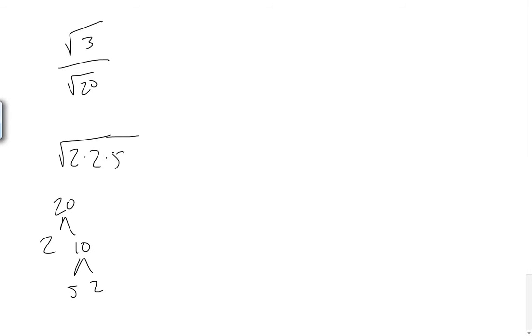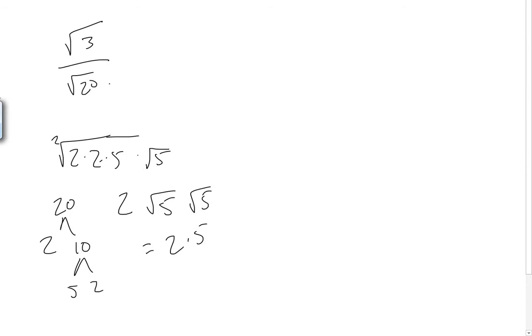But if I had an extra 5 in the square root, then I would have a pair of 5's to come out also. So I can ask myself, what's missing? Remember, for a square root, I need pairs in order for 1 to come out. If I have a pair of 2's, a 2 already comes out and leaves me with the square root of 5. But now one more square root of 5 is going to make the 5 come out to give me 2 times 5.